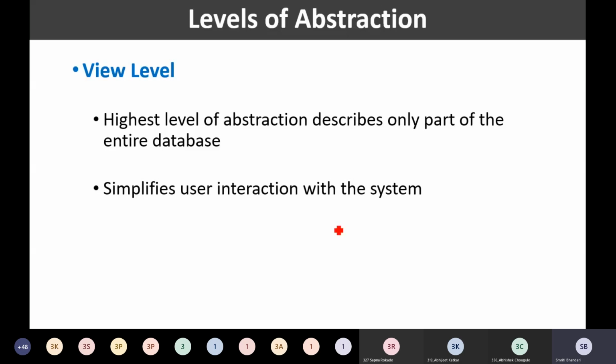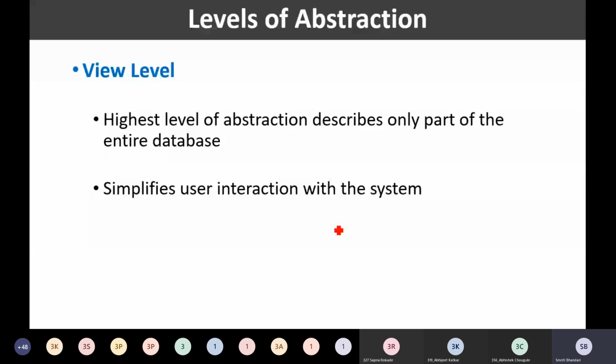Say for example, we want the data related to the salaries of the instructors. We need to hide that data from that particular clerk, because that clerk has nothing to do with that data. So in this situation, if we want to give access to a certain part of the data to a particular user, then we go for this highest level of abstraction.